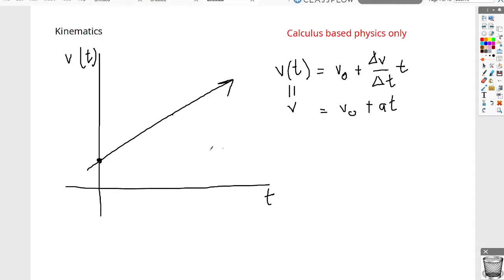So if we calculate the area under this line, let's say this is the change in time, or if we assume that this time is 0, this is t equals 0, then this width would simply be time, t. Now, this is a trapezoid. The shape is a trapezoid or a trapezium.